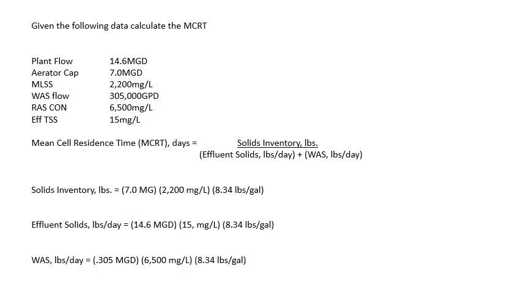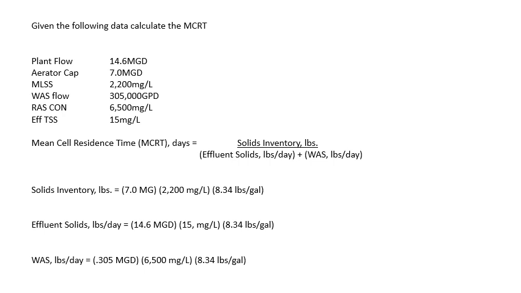All right, so here are our numbers plugged in. Your solids inventory, in pounds, is equal to the aerator capacity of 7 million gallons times the MLSS of 2,200 milligrams per liter times 8.34 pounds per gallon. The effluent solids, pounds per day, is equal to the plant flow of 14.6 million gallons per day times the TSS of 15 milligrams per liter times 8.34 pounds per gallon.